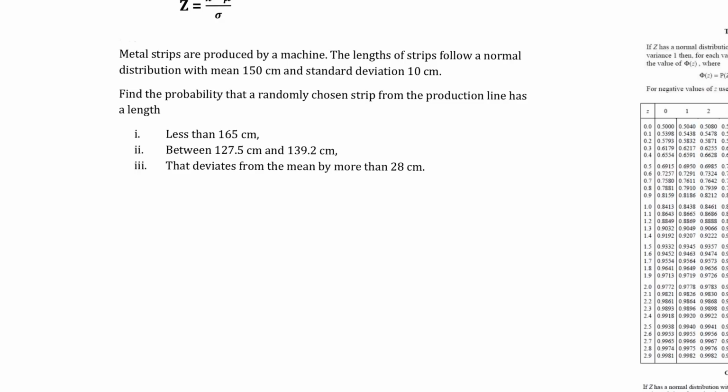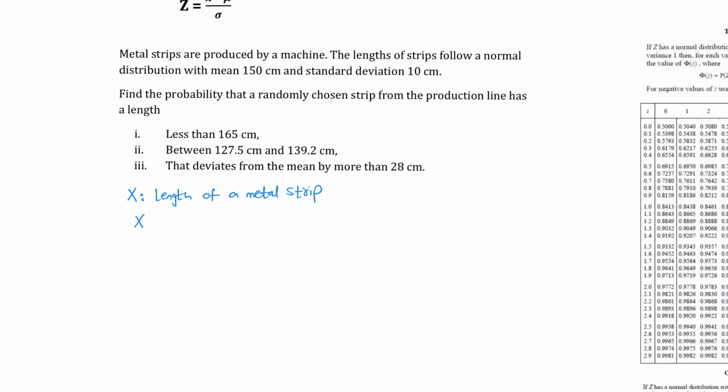So let's look at this example. In this example, metal strips are produced by a machine. The length of strips follow a normal distribution with mean 150 and standard deviation 10 cm. So our x is the length in centimeters of a metal strip.